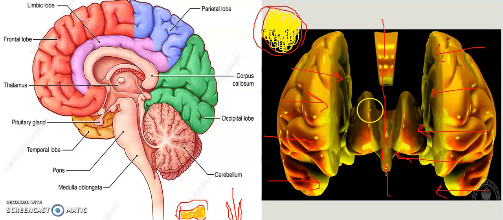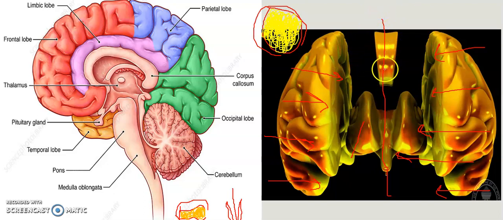This is the thalamus, and this is the corpus callosum. This cross-sectional view of the brain can be seen when we cut the whole brain into two from this side.